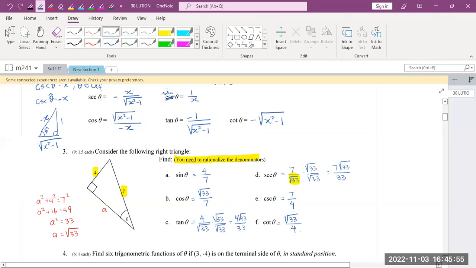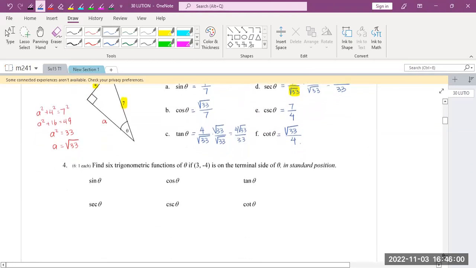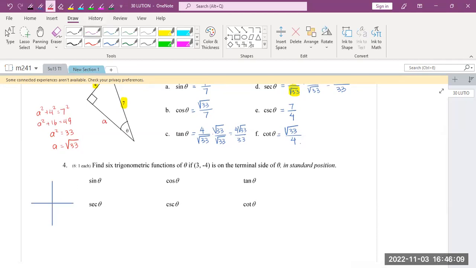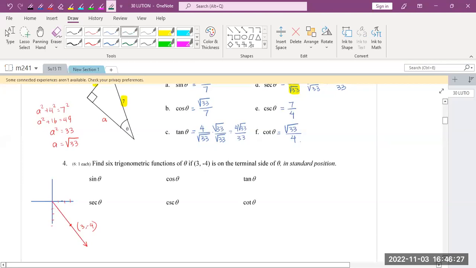Okay, number 4. Find the 6 trig functions of theta if (3, negative 4) is on the terminal side of theta. So if we have (3, negative 4) on the terminal side of theta, this is angle theta here.